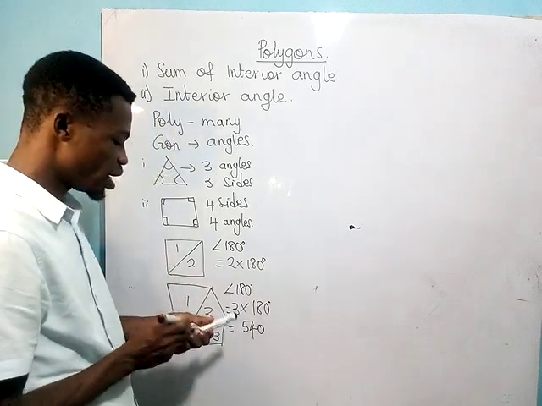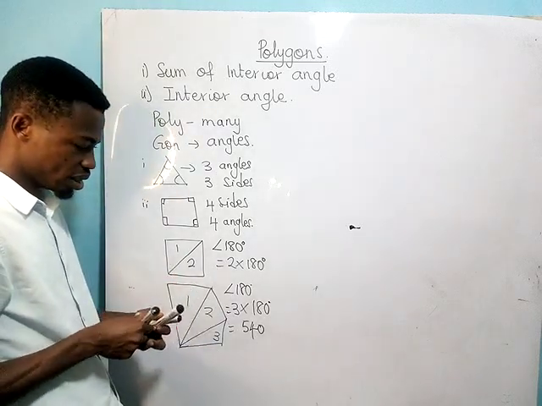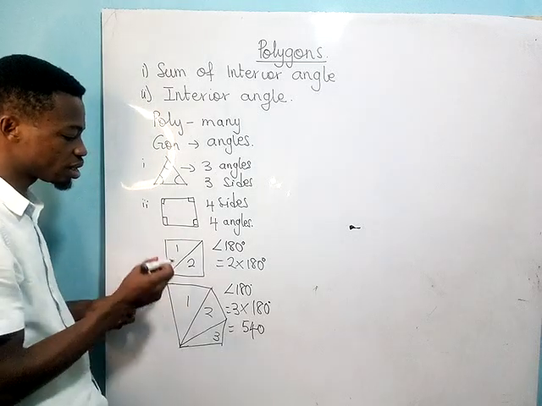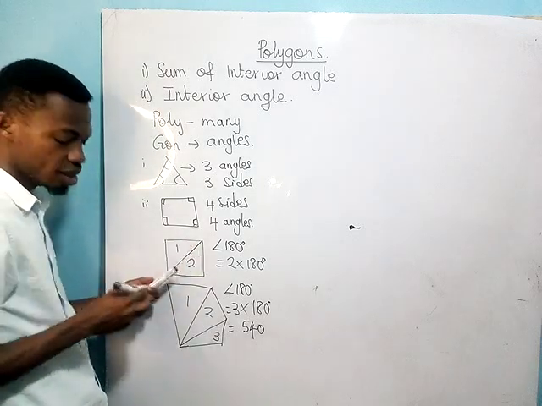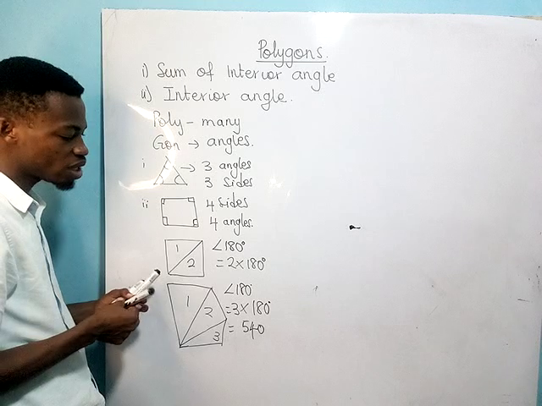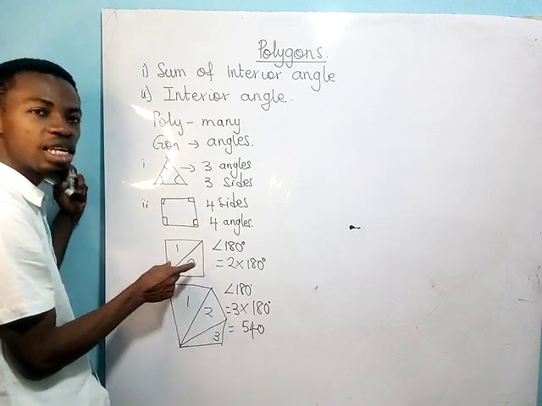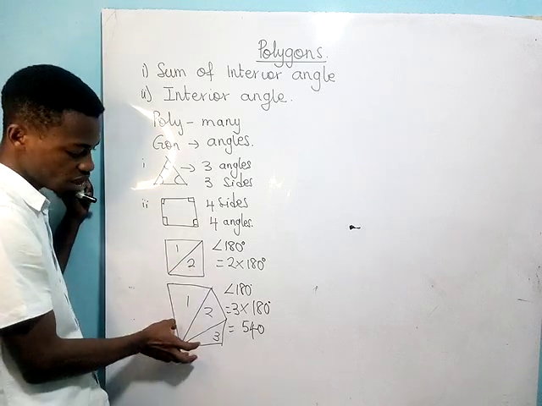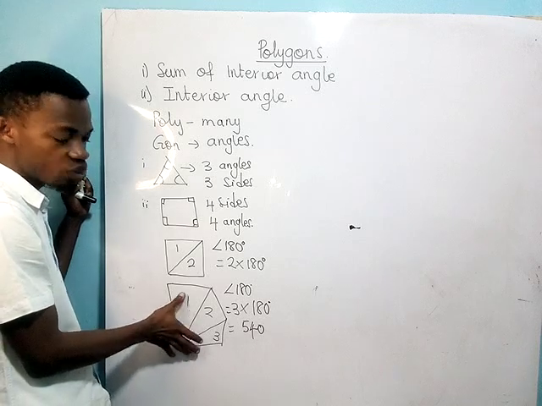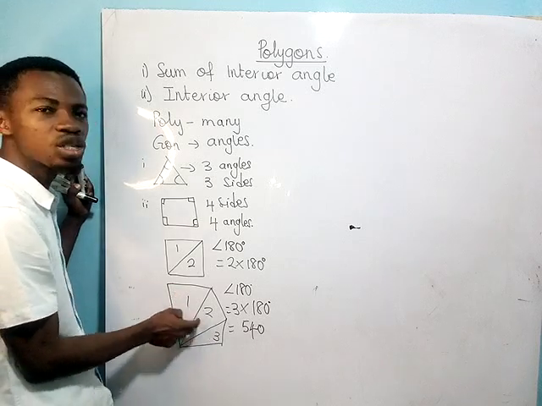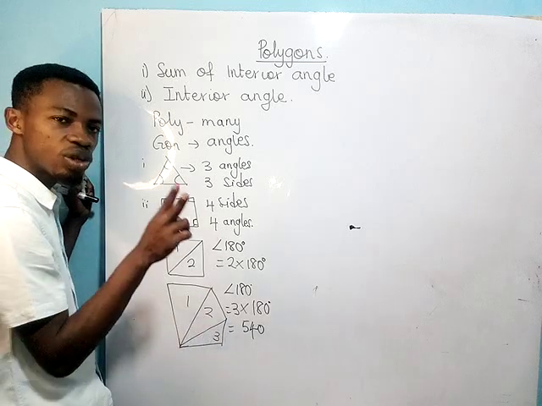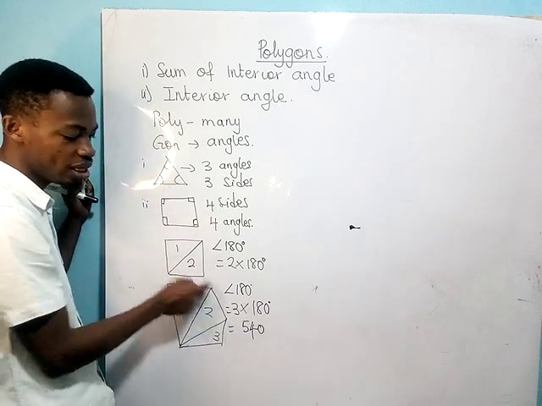Now, if you look here, there is a pattern. The number of sides compared to the number of triangles has a difference of 2. Here too, we have 5 sides, but the number of triangles is 2 less than the number of sides.